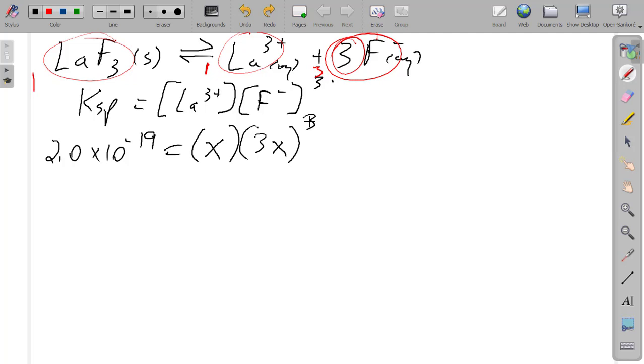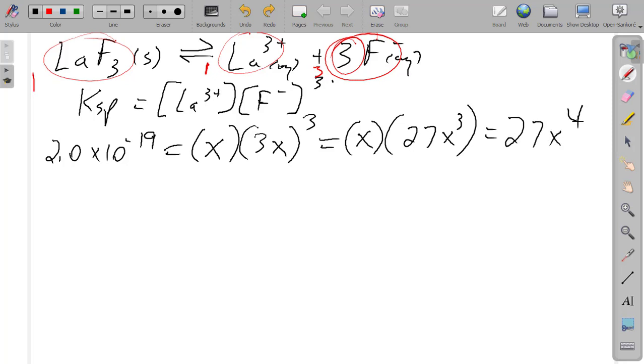So remember, again, you have to take your subscript, multiply it inside the parentheses as well as raise it to the exponent. And so what you end up with algebraically is X times the quantity 3X cubed, which gives you 27X cubed, times X gives you 27X to the 4th. So make sure you understand this math as I'm doing it.